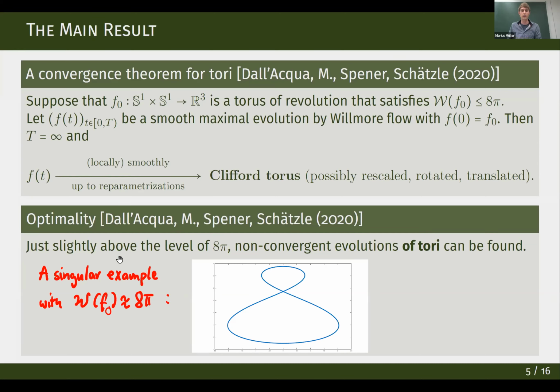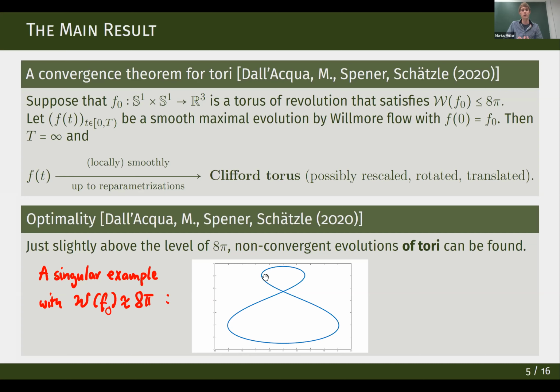Namely, just slightly above the level of 8 pi, you can find non-convergent evolutions of tori, or of tori of revolution, we should better say. So you can also find tori that become singular, and not just the example that I showed you 2 slides ago, which is a spherical example.